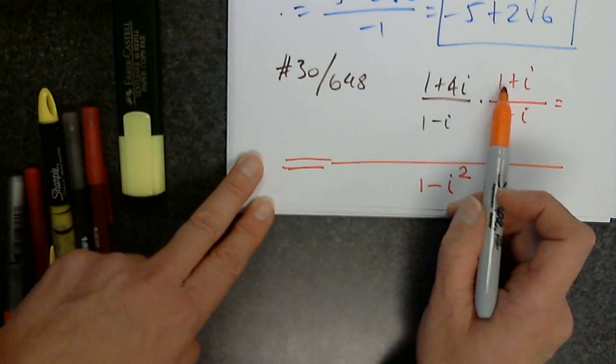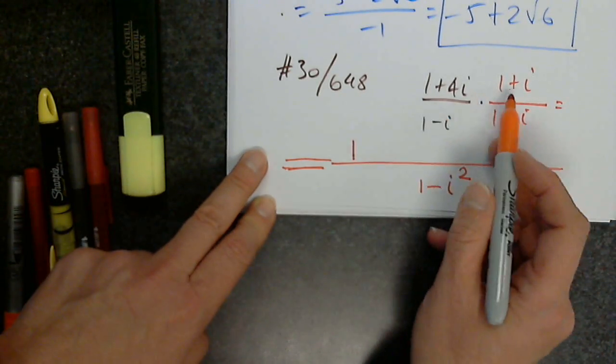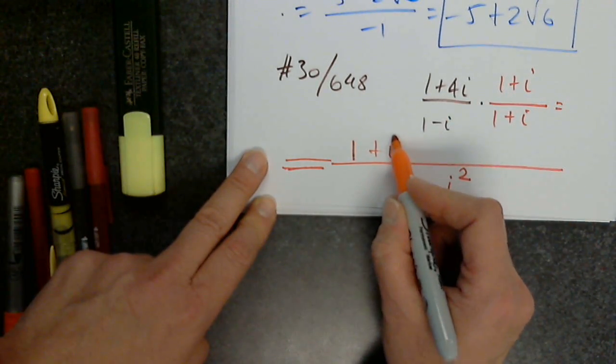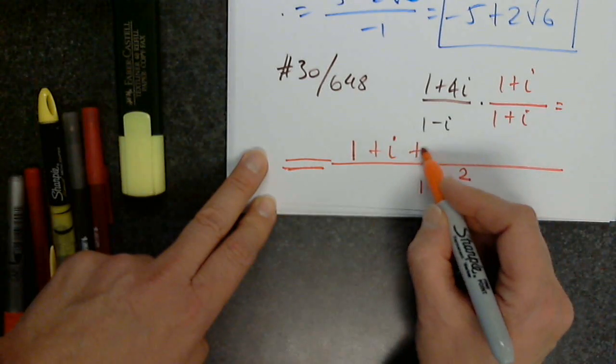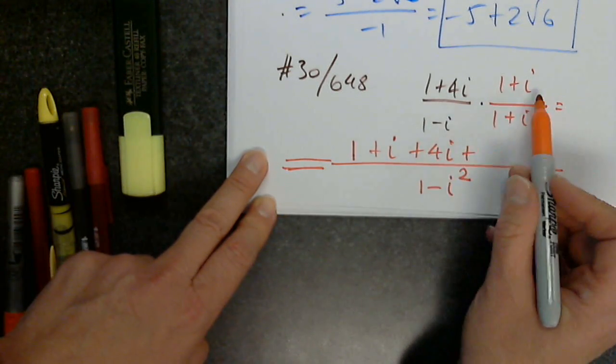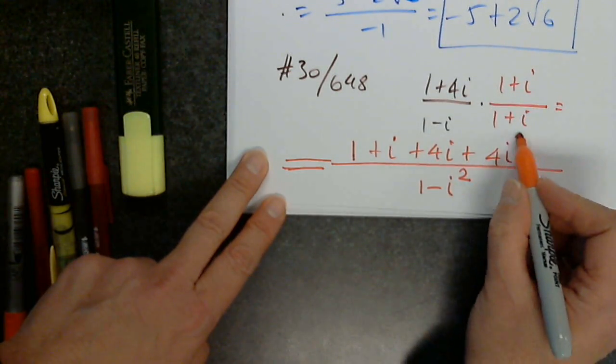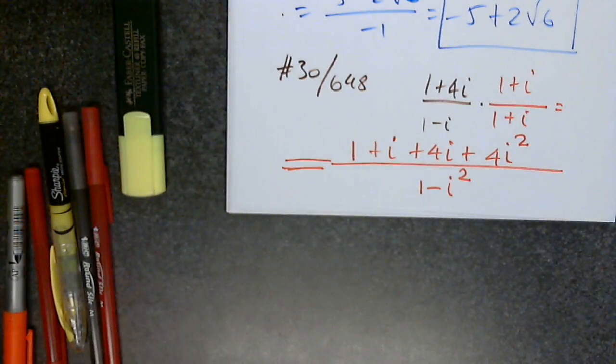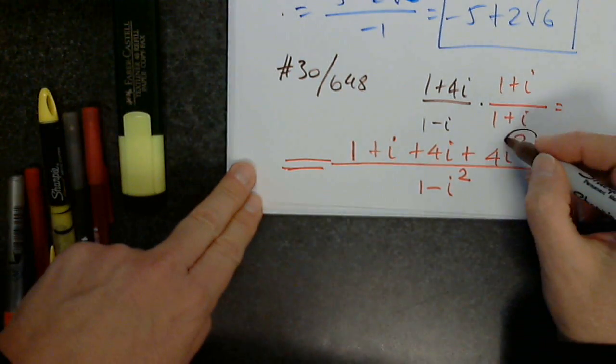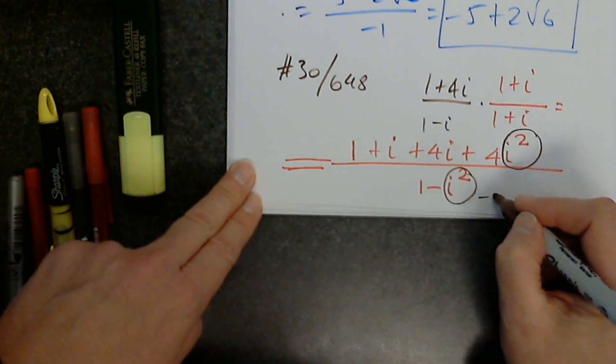Now the numerator: 1 times 1 is 1, 1 times i, 4i times 1, plus 4i times i is 4i squared. That can wait. Now what do I have to replace and by what? i squared gets replaced by negative 1.